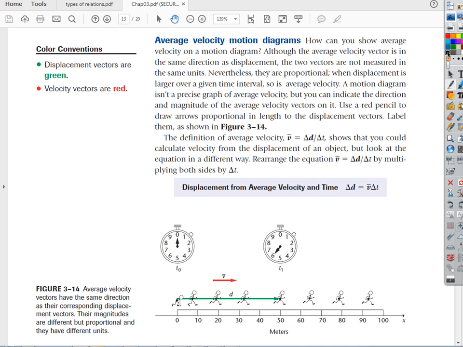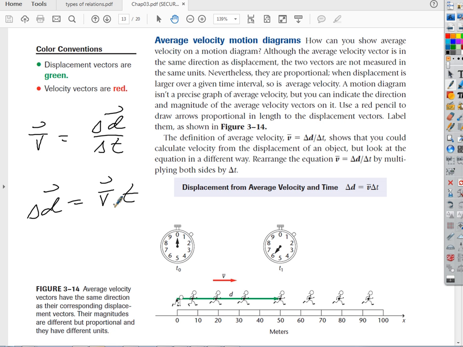So what's the definition of average velocity again? Change in position over change in time. Yeah, good. So displacement over time. If I solve for displacement, I just multiply both sides by delta T, right? Everybody agree? And so that gives me displacement equals average velocity times time.